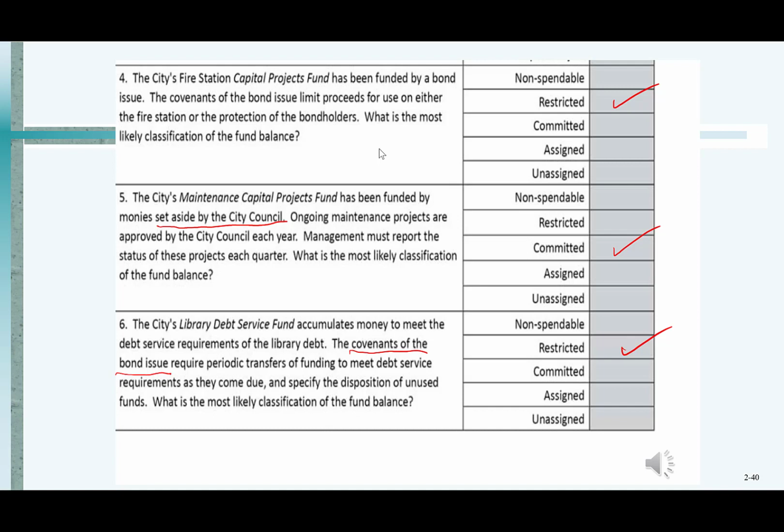Is the City Council the legislative branch of a city? City Council is the legislative branch. Are they the highest decision-making authority when it comes to spending money? So that money is committed. Good. The city library debt service fund accumulates money to meet the debt service requirements of the library. The covenant of the bond issue. Do I need to read any more? This money is restricted, right?